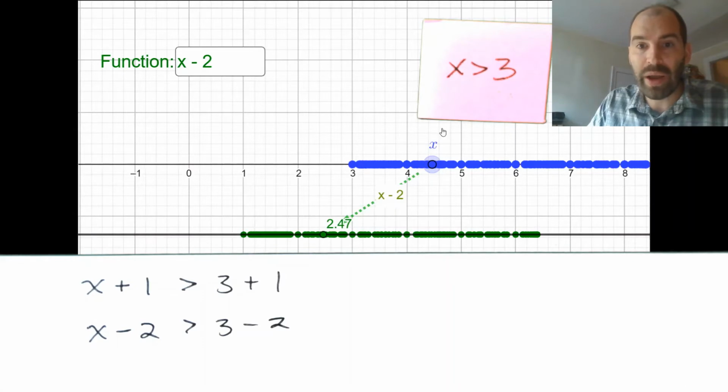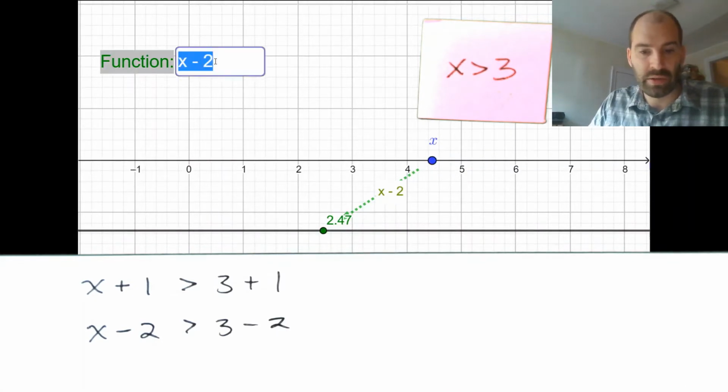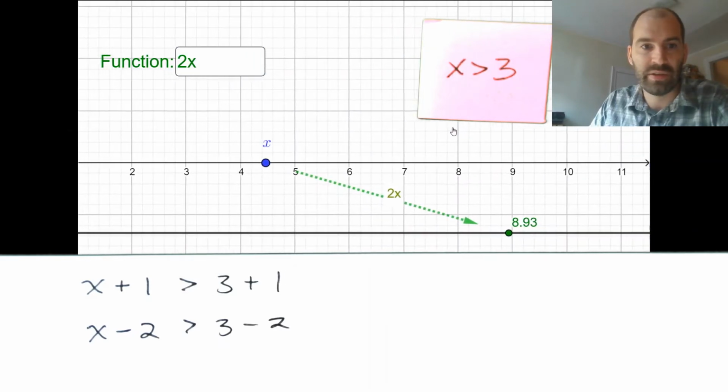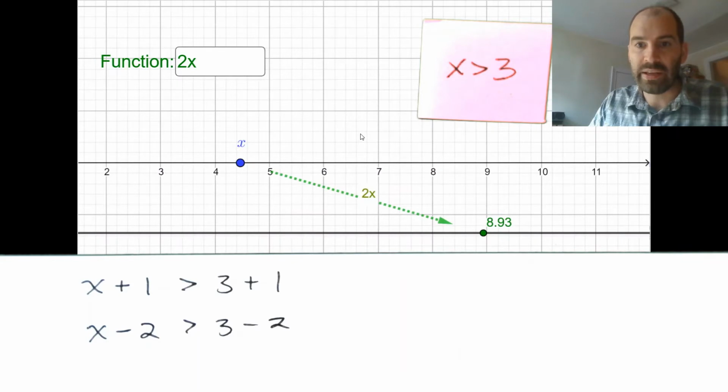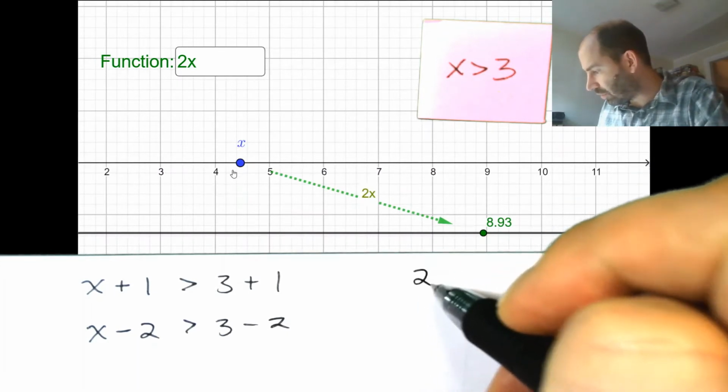Okay, what happens if we multiply and divide? Let's take a quick look. Let's do 2 times x. We're going to have to slide to the right here. And let's see what happens. We're looking at the inequality for 2x.